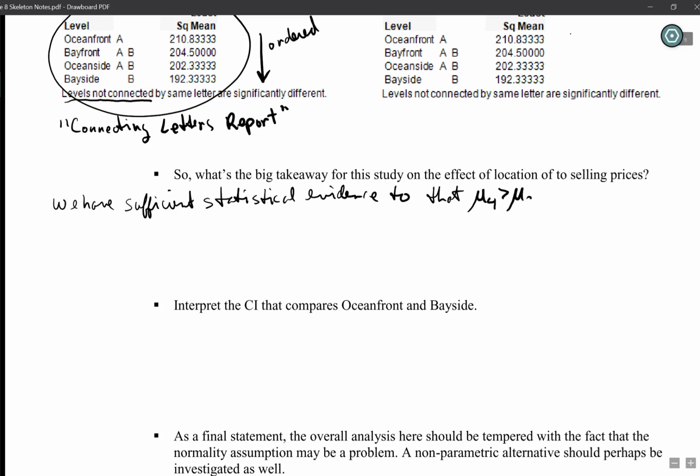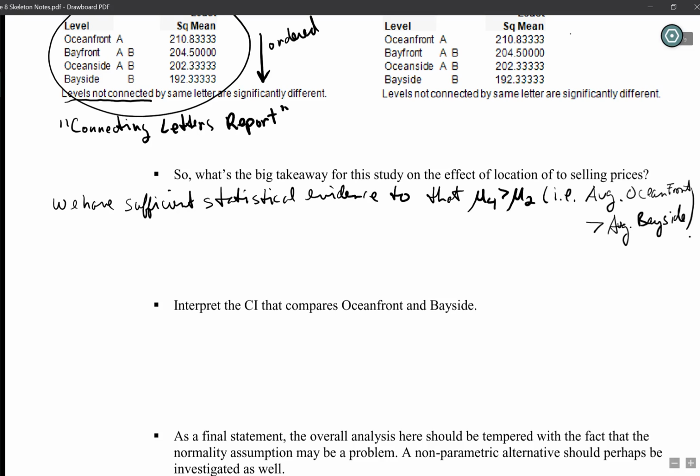In particular, we could say that mu4 is bigger than mu2. When you look at the ordering of the sample means, that has to take place. In other words, the average oceanfront selling price is greater than the average bayside selling price.